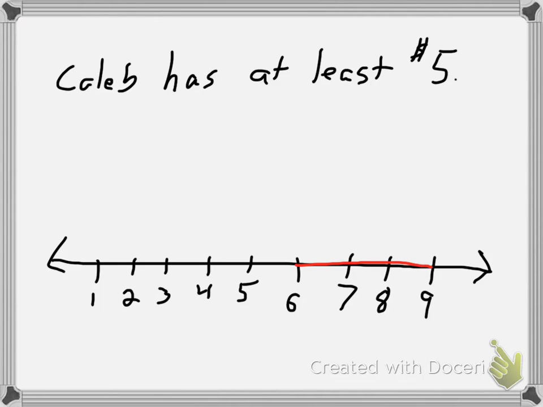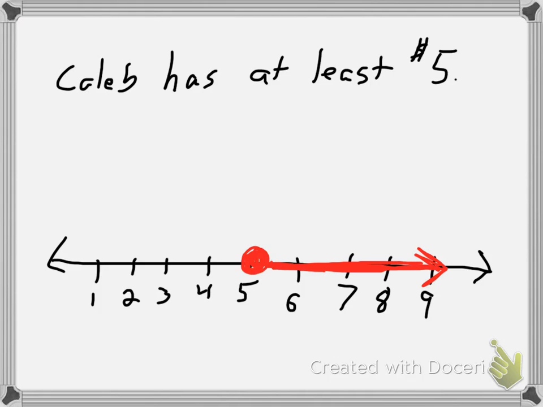All of these are going to be a solution that works because he has to have at least $5. Caleb can also have $5. So if we were to graph this on a number line, we're going to put a closed circle at 5, and an arrow going through all of our possible solutions.